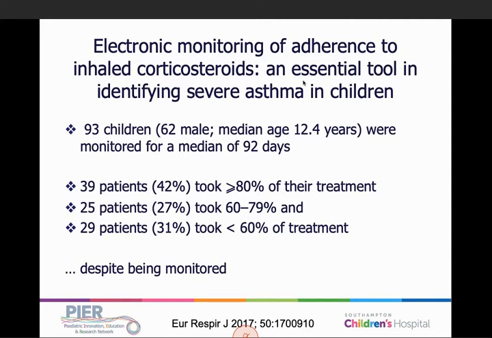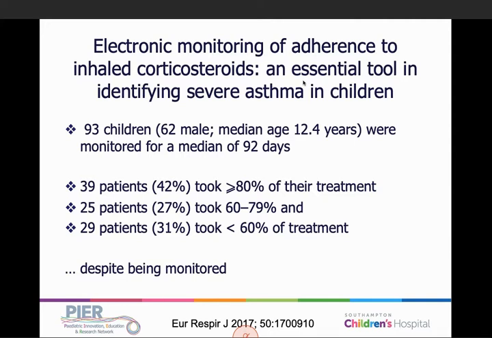And you heard Professor Bush yesterday, and this is some data, a study published by his group from the Brompton Hospital. We looked at the use of a smart inhaler to monitor the adherence to inhaled corticosteroids in patients with severe difficult asthma attending the Brompton Clinic. And they studied 93 children.